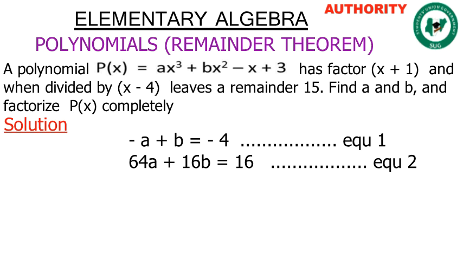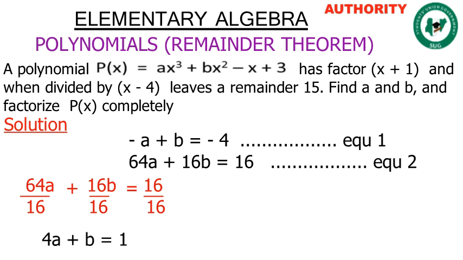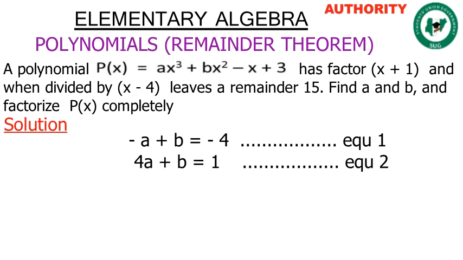So we're going to have 64a divided by 16 plus 16b divided by 16 is equal to 16 divided by 16. So if you perform the operation, we're going to have 4a plus b is equal to 1. Alright, now that means that our second equation now is 4a plus b is equal to 1.